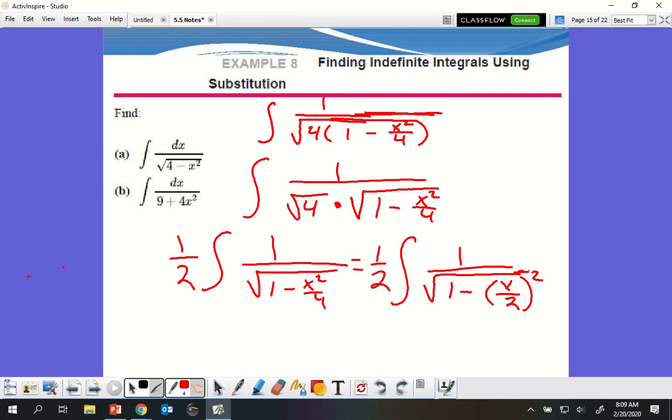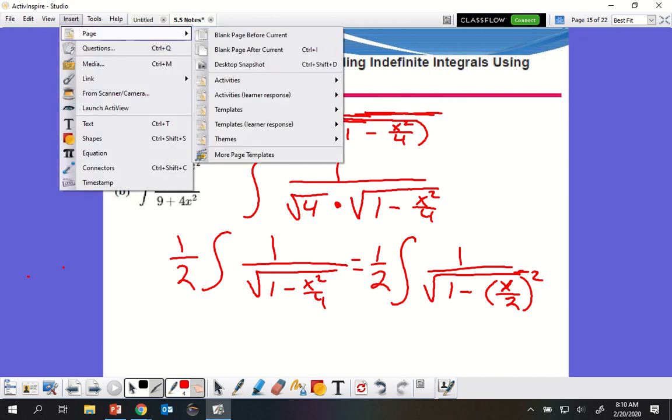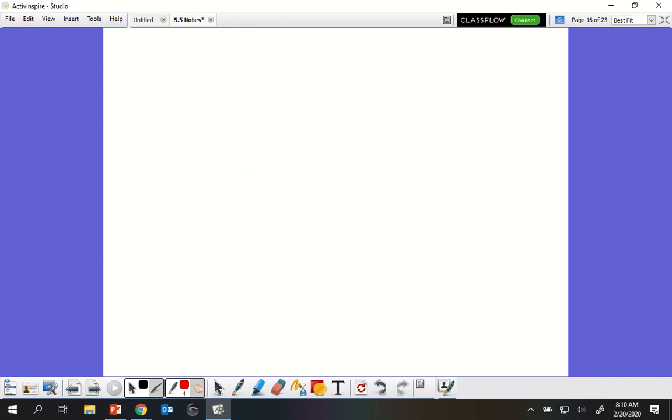All right, what do I have to try and do now? U equals what? X over 2, right? That's what I need to do now. So I'm going to add another page here. Insert page. So now we said that U equals x over 2.